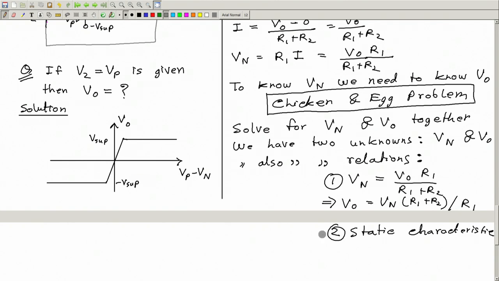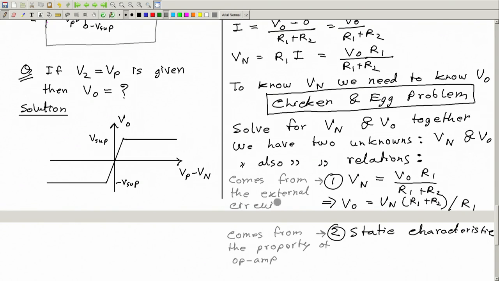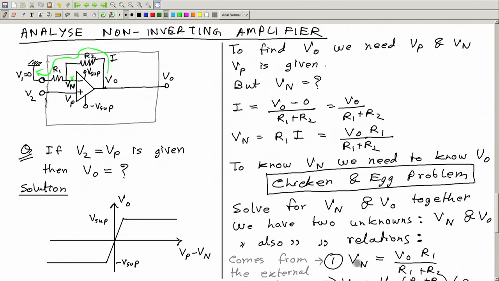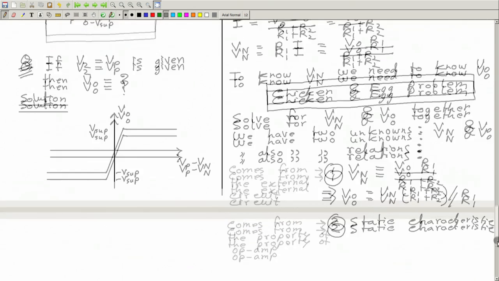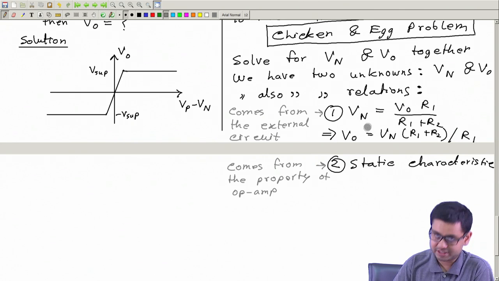Okay, so you observe this relationship comes from the property of op amp and this comes from the external circuit, external to the op amp. Okay, so this relationship is nothing but the potential divider applied in this part of the circuit, R1 and R2. So this comes from the external circuitry.